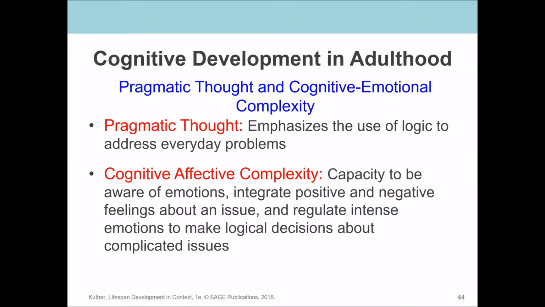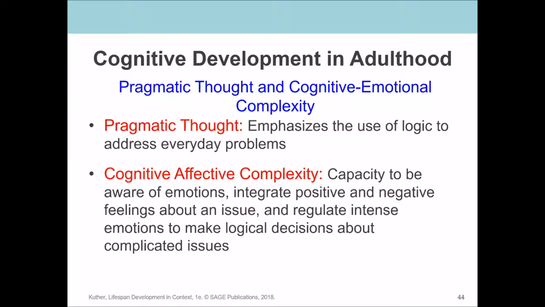Pragmatic thought is an emphasis on using logic to address everyday problems. This permits the acceptance of inconsistency and ambiguity, that it's really unclear what the best solution is when it comes to the practical, pragmatic application of thought.